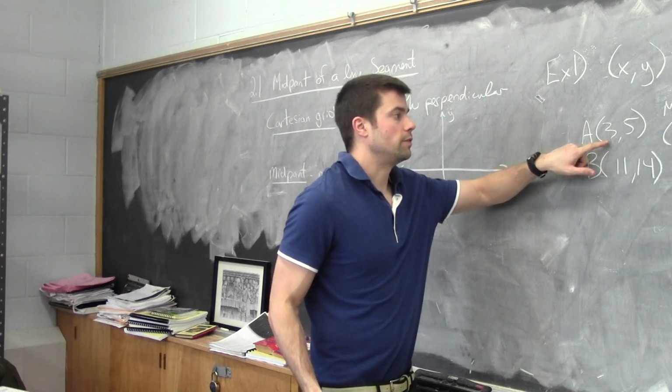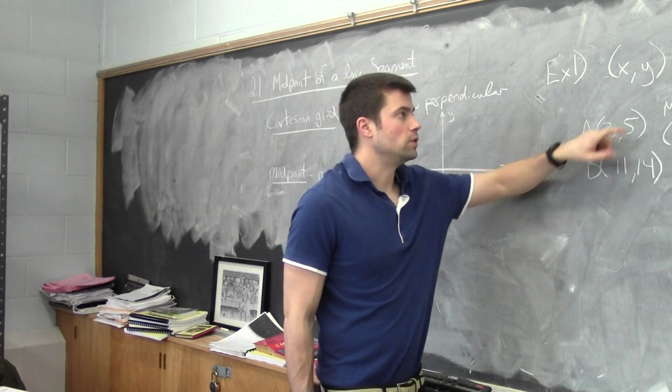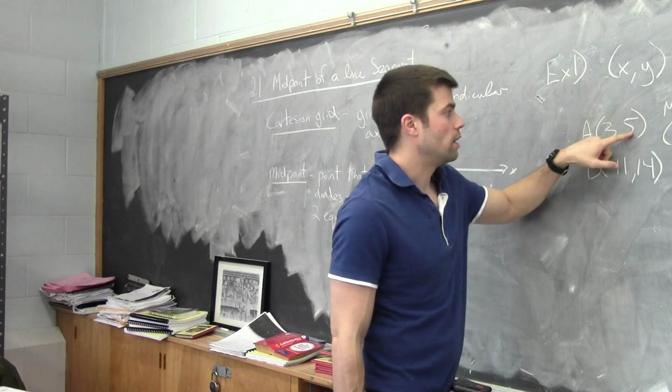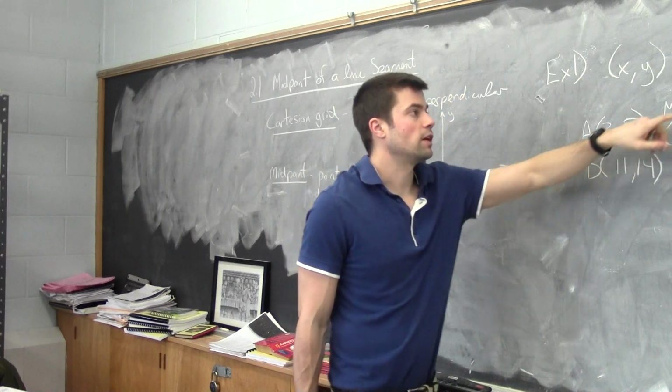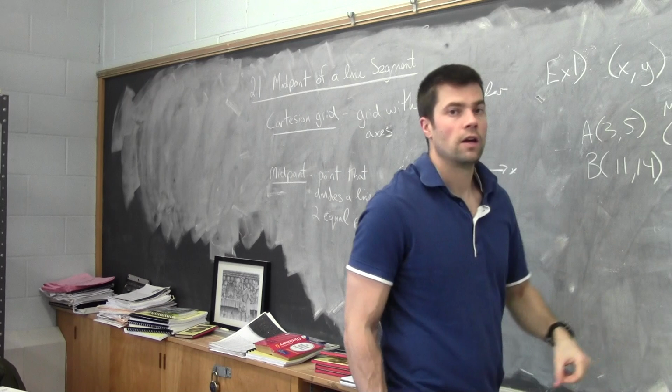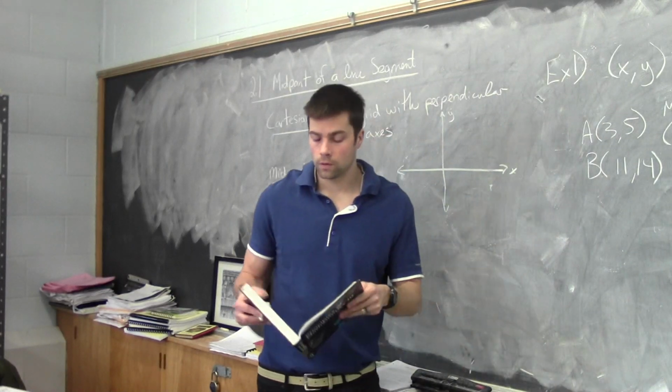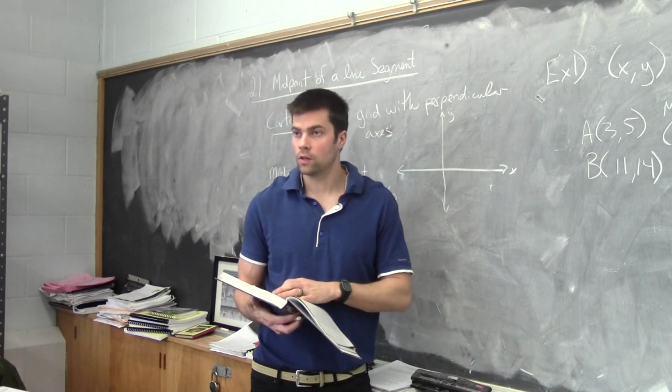Okay, so you can see that I've subbed in x1 and x2 into the first part of the formula, and y1 and y2 into the second part, divided each by 2, and I have my midpoint. Any questions there?